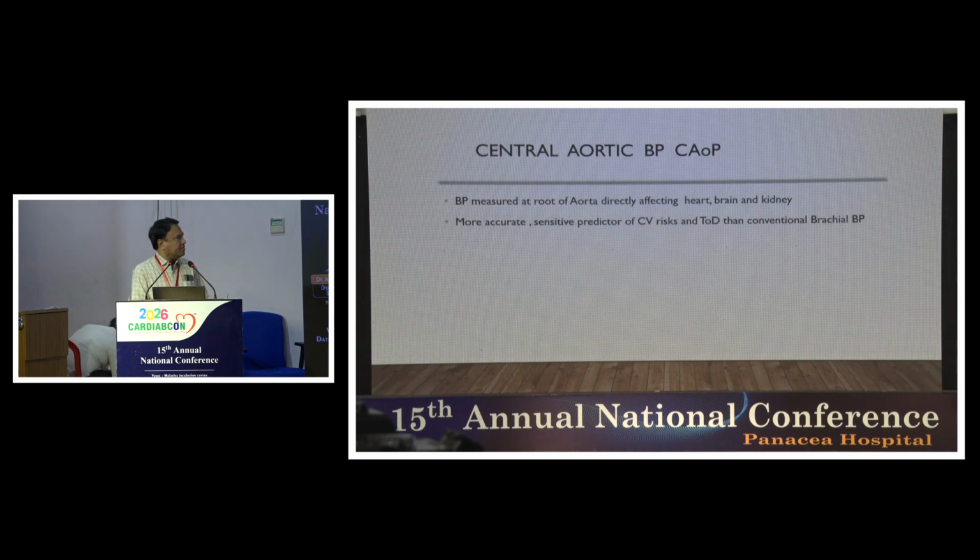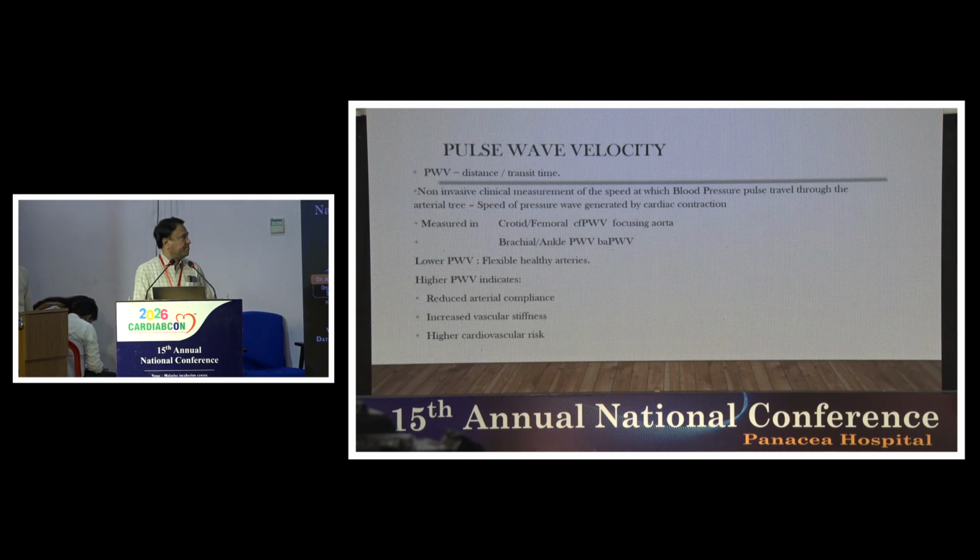Central aortic blood pressure is measured at the root of the aorta by putting the sonography gadgets directly on the heart area, the precordial area, and that gives a better assessment of the blood supply of important organs like the heart, brain and kidney. It is a more accurate and sensitive predictor of CV risk and target organ damage than conventional blood pressure measurement, where we use the brachial artery.